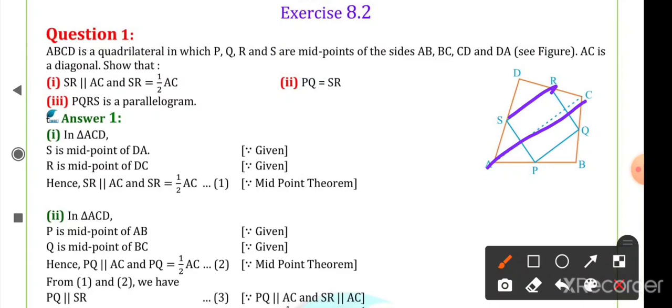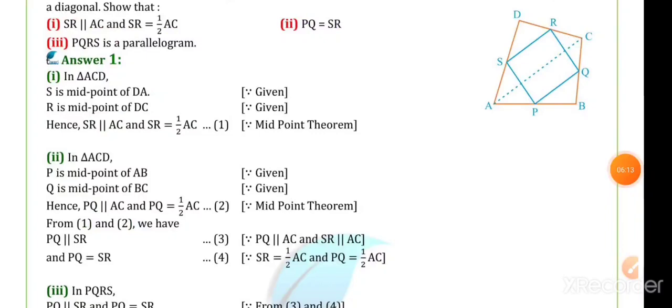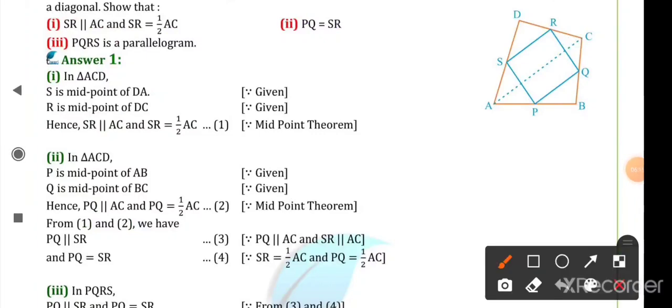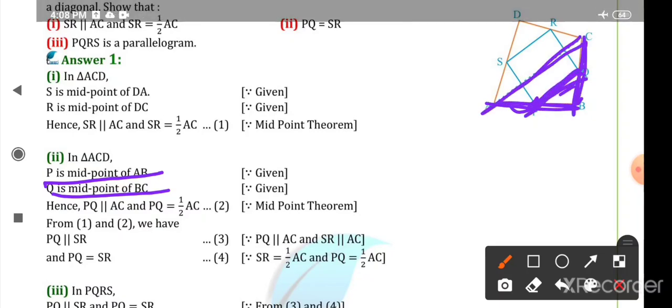Similarly, if you look at the next, the downward triangle, this ABC, you can see that P and Q again. They have written P is the midpoint of AB and Q is the midpoint of BC. Hence, you can say that this is parallel to this and this is half of this.